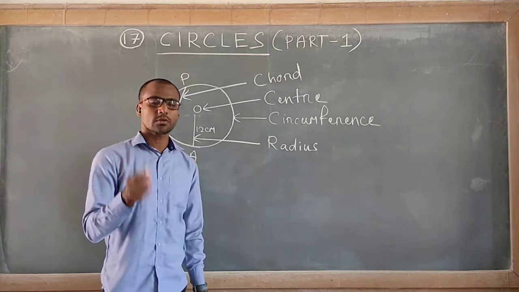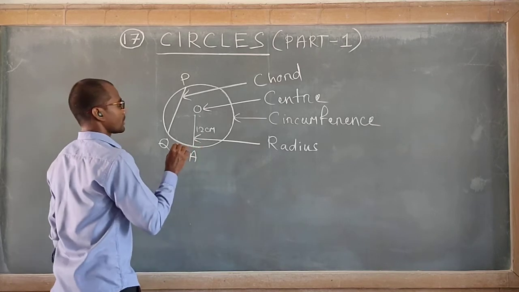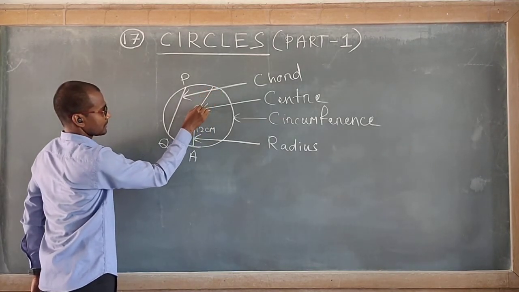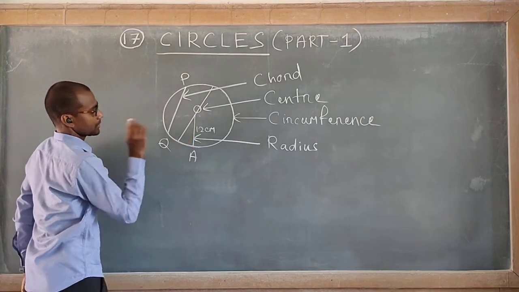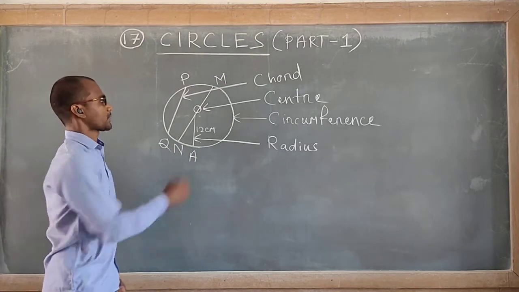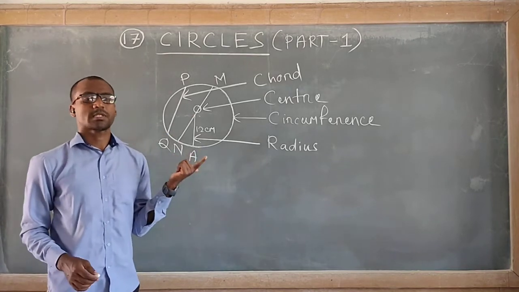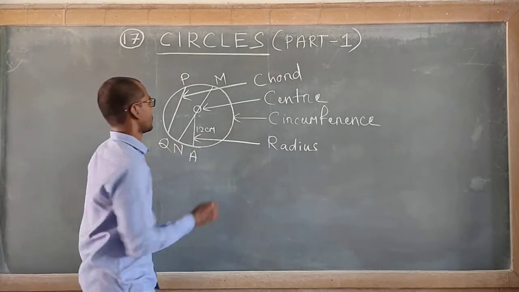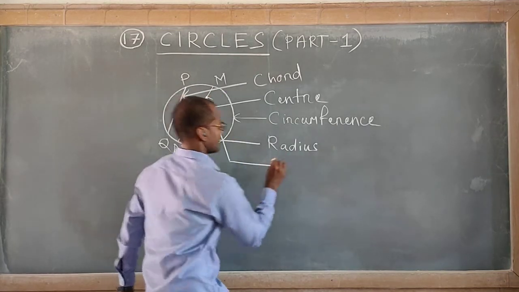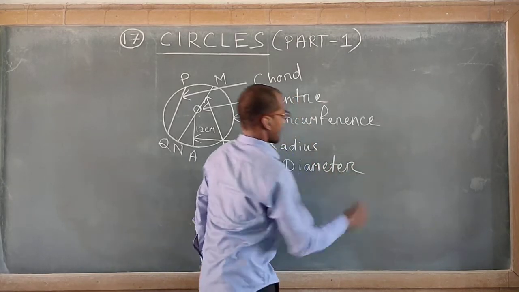Now let us draw a special chord that passes through the center. Suppose this is M, this is N. Actually, MN is also a chord, but it passes through the center O. This special chord which passes through the center is called diameter.